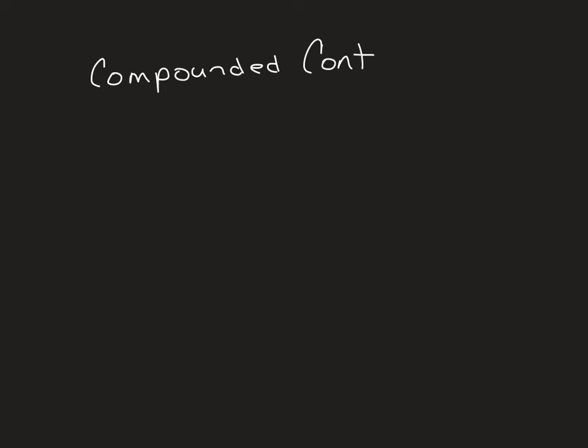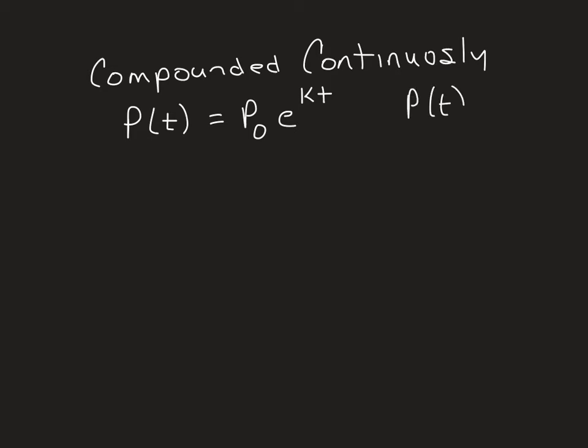If interest is compounded continuously, our formula, again, we're using P because it's a population growth of money, is equal to your initial amount times e to the kt. Some books, when they're talking specifically about interest, you may also see it this way: P sub 0 e to the rt. K and r are both rates, the rates at which it is growing.